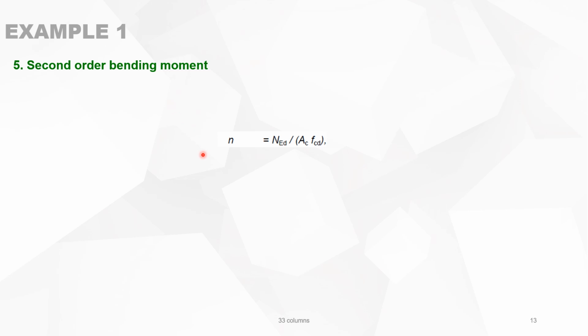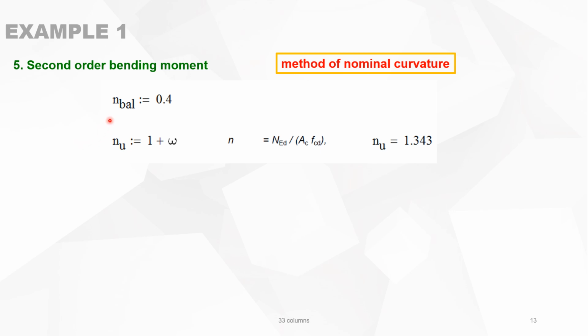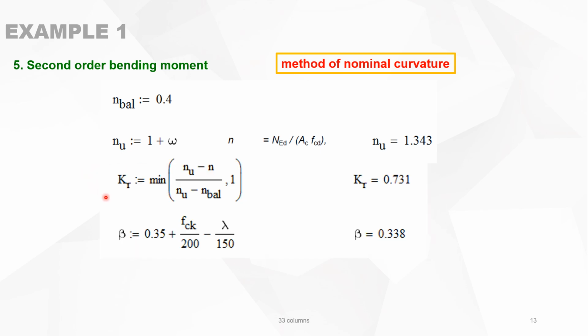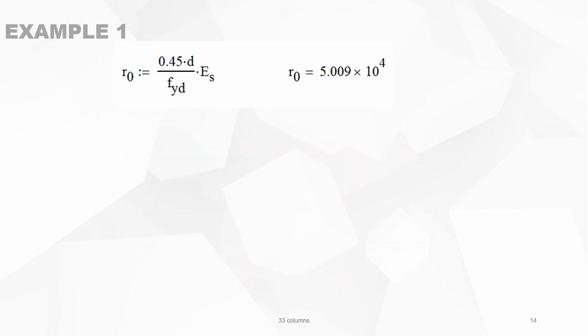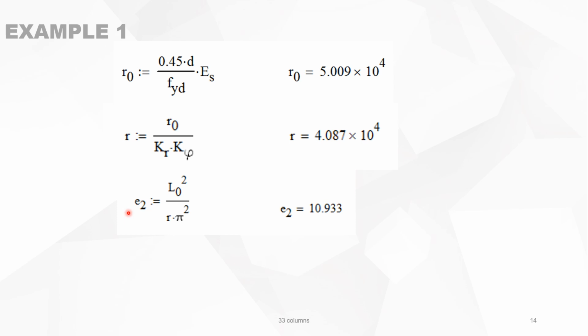Second order bending moment: we'll use the method of nominal curvature, and we see that for n_bal equals 2.4, nu is 1 plus omega. It's just filling in some equations, and by doing so we obtain this, now the 1/r0 and 1/r, and then we can calculate the second order eccentricity, which is 11 millimeters.